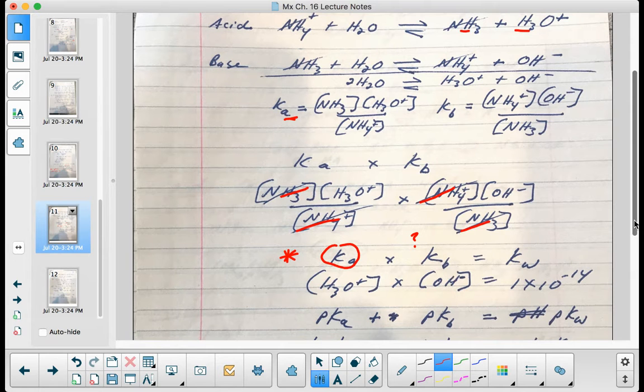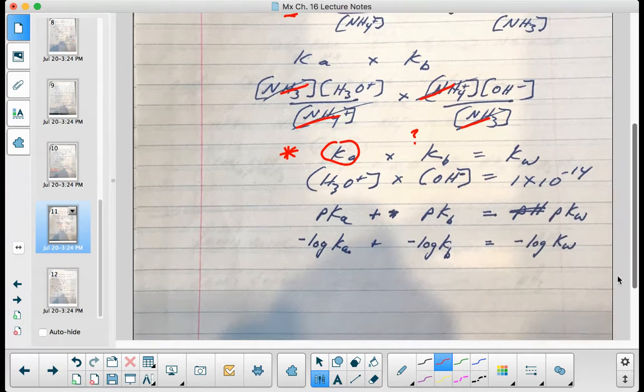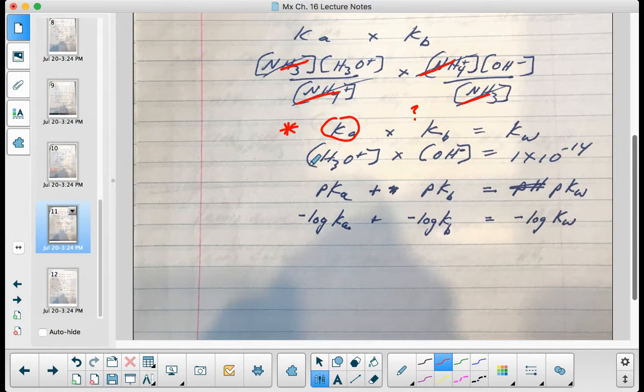And so there's a couple of other equations that you can get from this, which would be that the pKa plus the pKb is equal to pKw. And so what is that pKa?